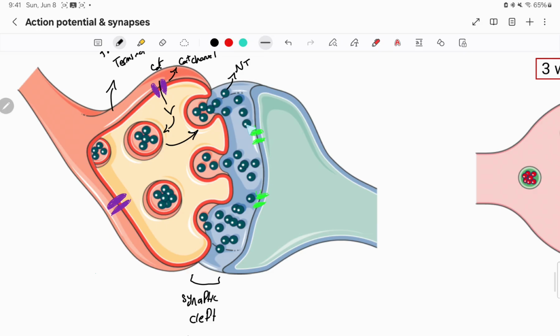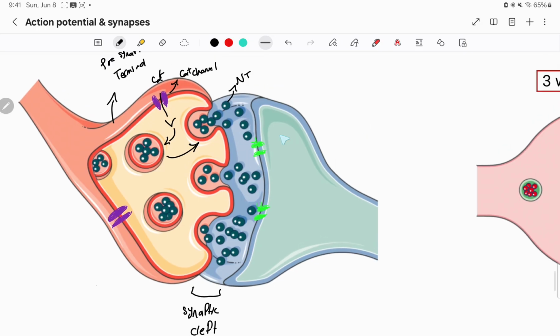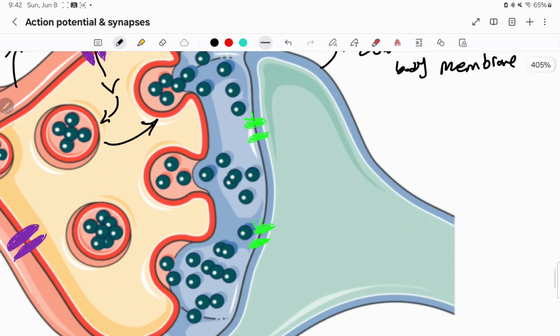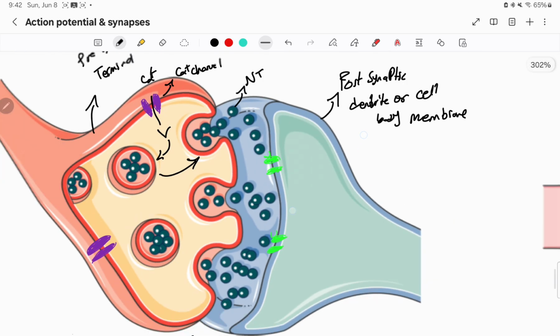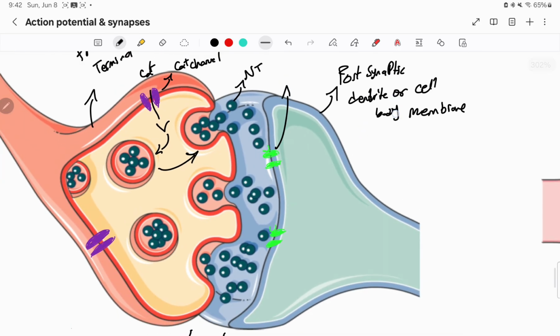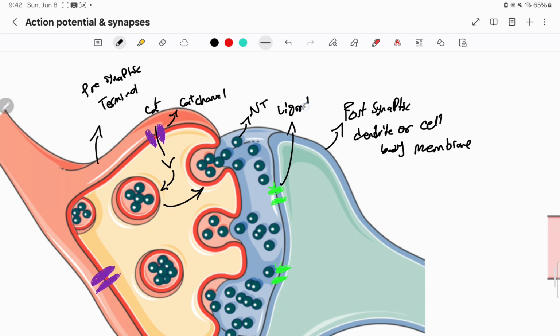And inside of this area, these neurotransmitters that are released will interact with the postsynaptic dendrite or cell body membrane. And what I mean by interact with this, well, these neurotransmitters will go and find their very specific receptors, right? Remember, we talked about in the graded potential video, there were those ligand-gated channels. And we said there were two types. There was ionotropic and metabotropic.